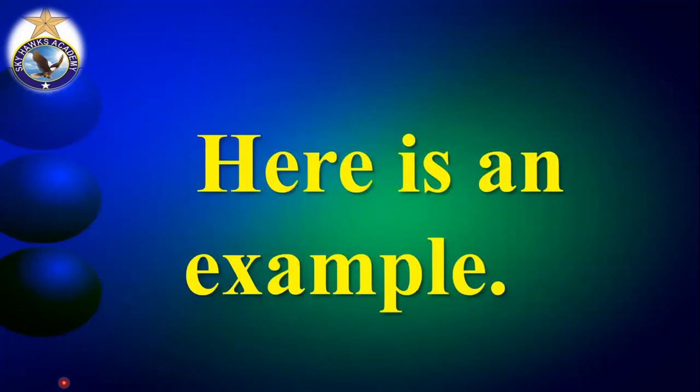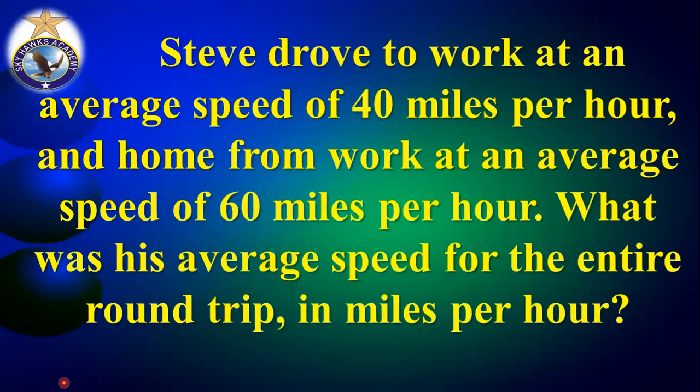Here is an example. Steve drove to work at an average speed of 40 miles an hour and home from work at an average speed of 60 miles per hour. What was his average speed for the entire round trip in miles per hour? So how can you find this?